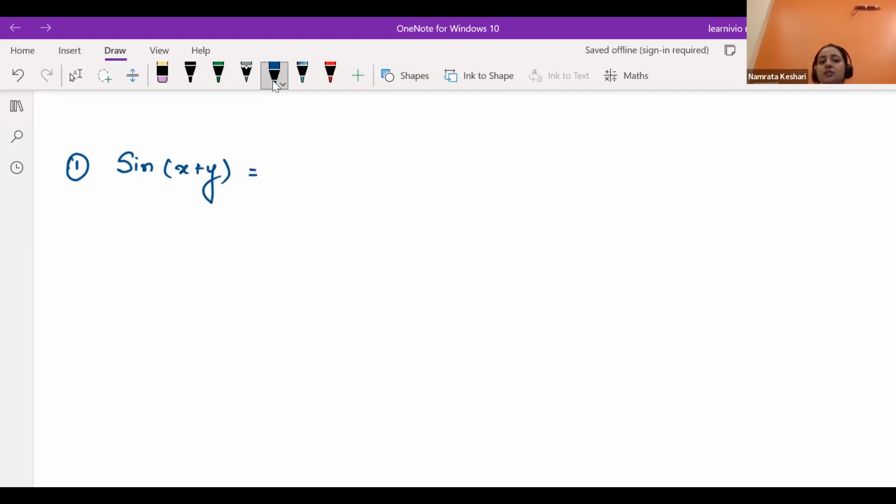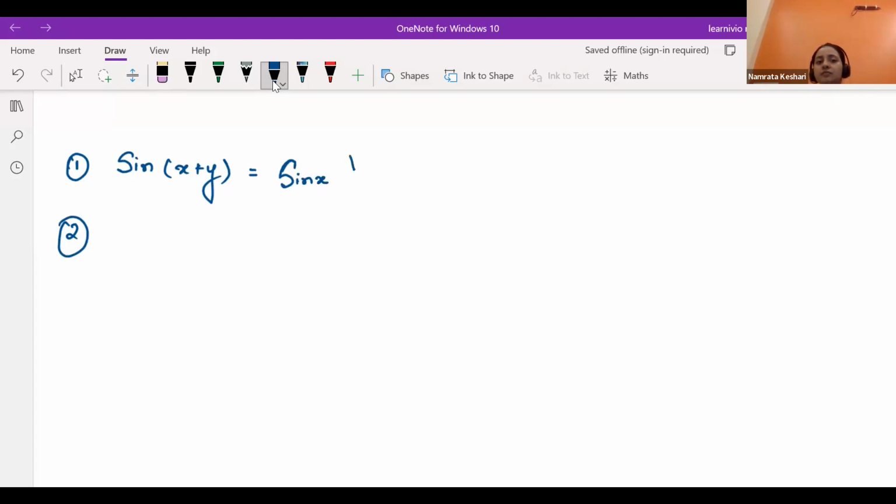Ali or Alina, what is the formula for sine x plus y? We have taken this one in the previous class. Is it cos x cos y or sine x cos y? It's sine x cos y, right?